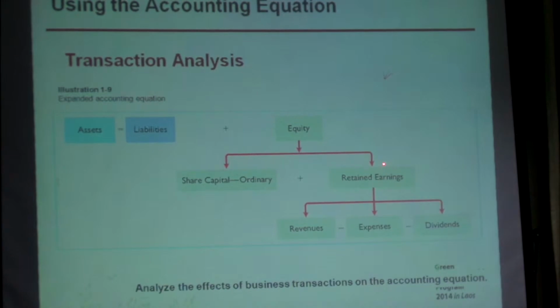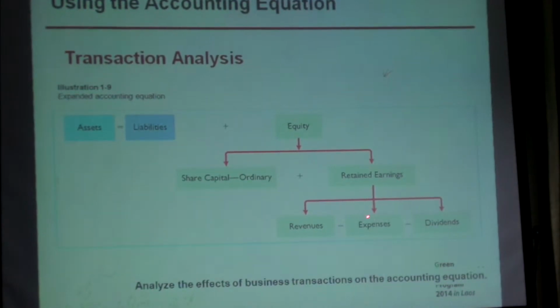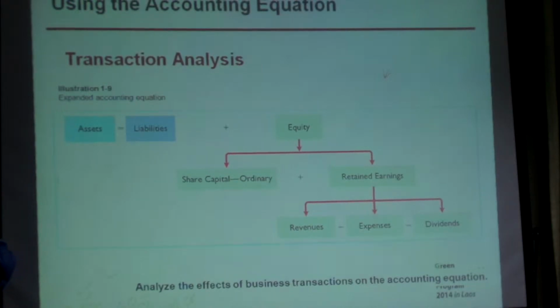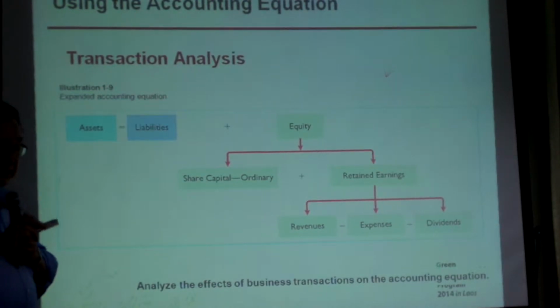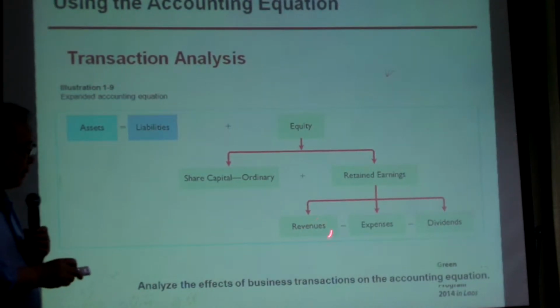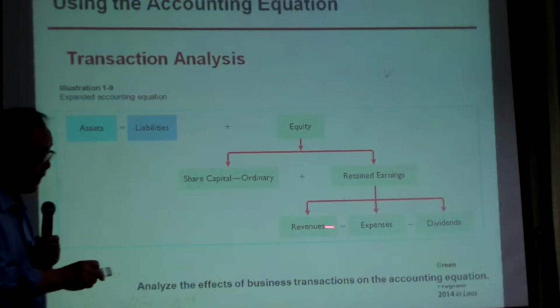Retained earnings is revenue minus expenses and minus dividends, right? So what you are going to make is this. The income statement is all the items of revenue minus expenses. This is the income statement item.